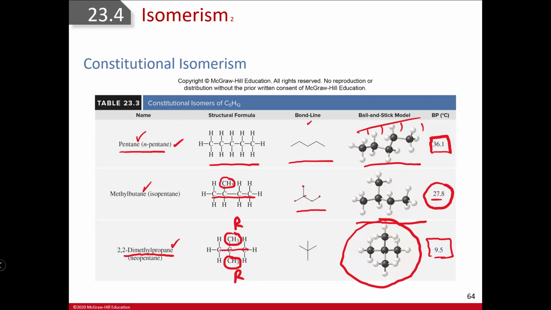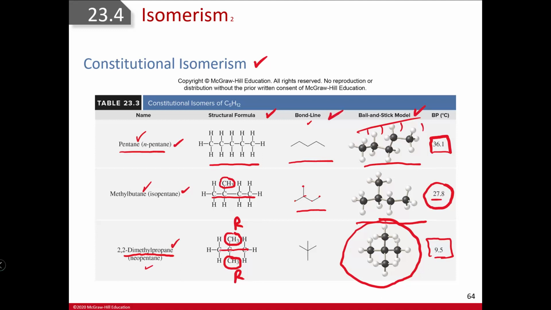And then isopentane tells you that there's a branching effect happening there. And then neopentane, we get this tertiary carbon there.